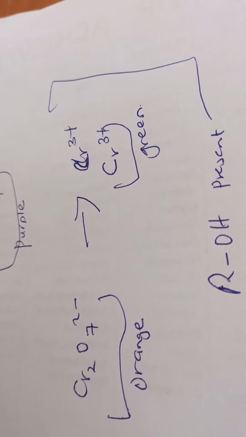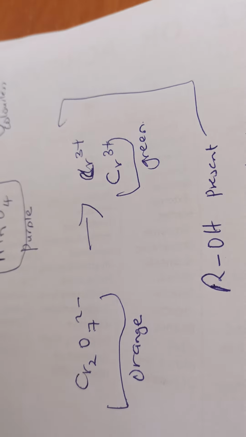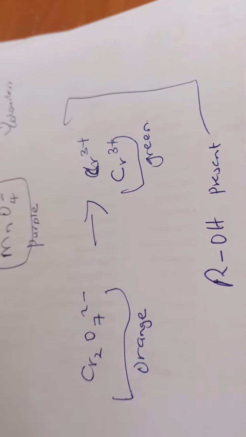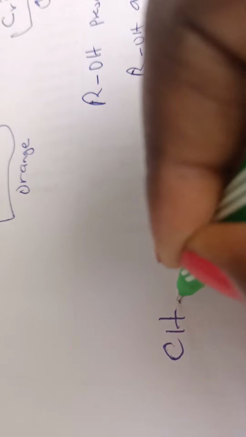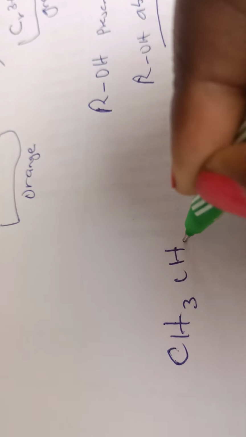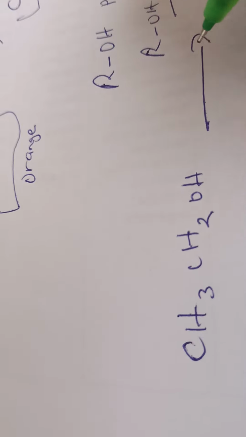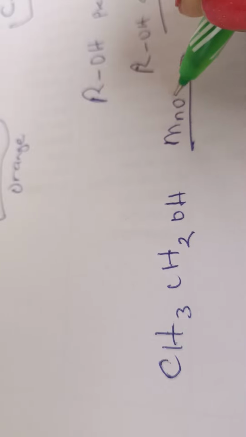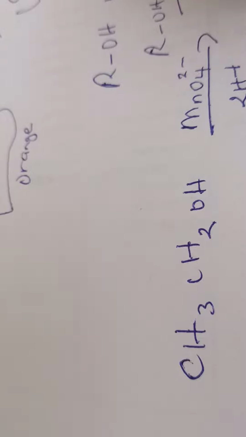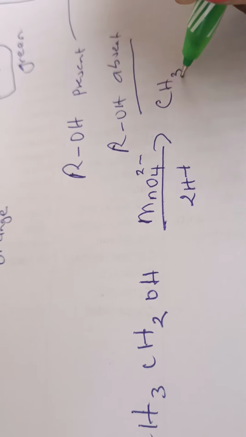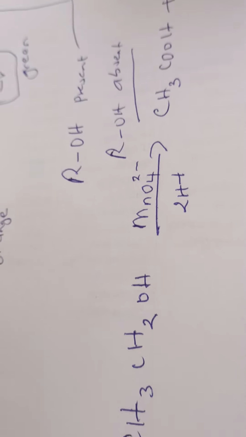So there is an oxidizing agent that oxidizes. When we have ethanol, we oxidize it in the presence of acidified manganate(VII) ions to get ethanoic acid, plus water.